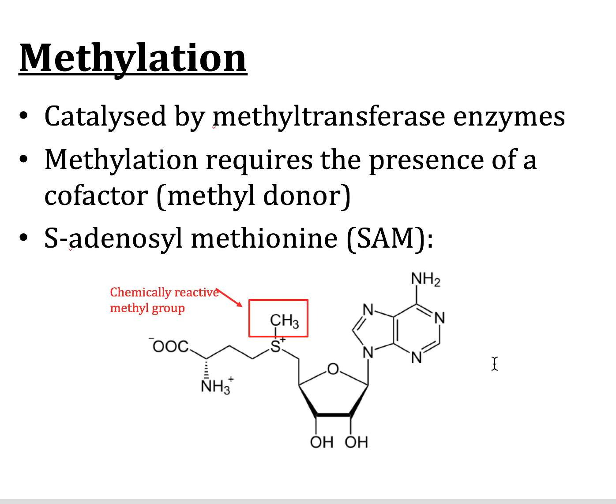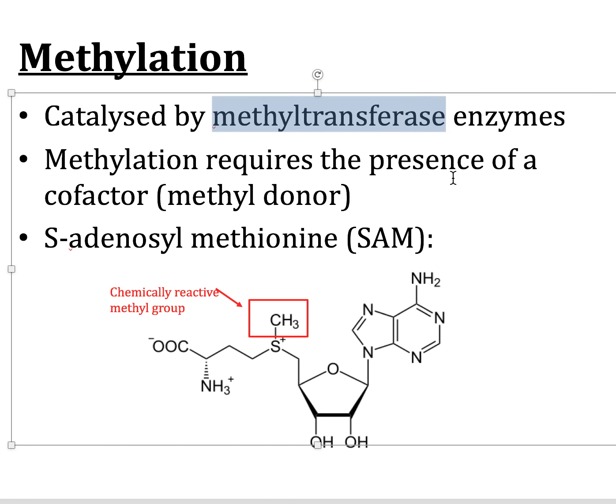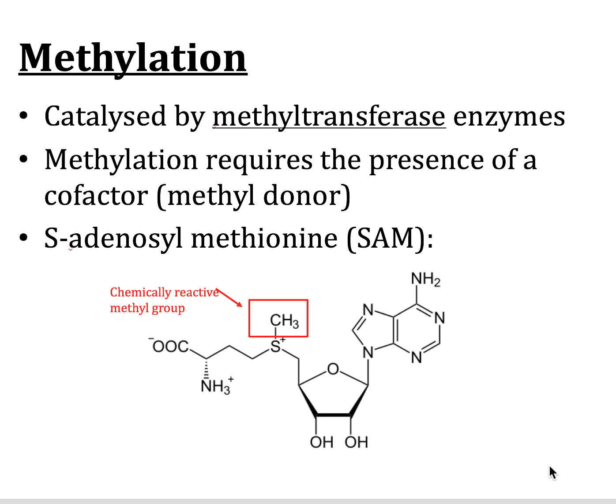Methylation requires the presence of a cofactor methyl donor, and the donor is known as SAM, S-adenosyl methionine, so we call it SAM. The main point you want to take from here is that it is catalyzed by that enzyme there, and the donor is SAM, or if you want to name it fully, S-adenosyl methionine.